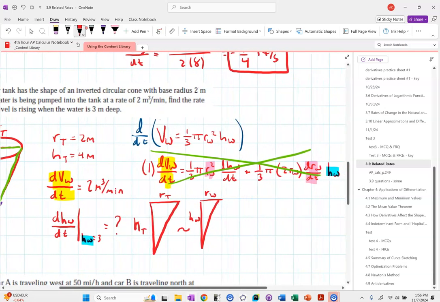So what can I do with similar triangles? What do I know about similar triangles from geometry? They're what? Okay, they're the same angles, but what else do I know about them? They're proportional, is what you're thinking. Yep. Specifically, I can say that RT over HT is equal to RW over HW.